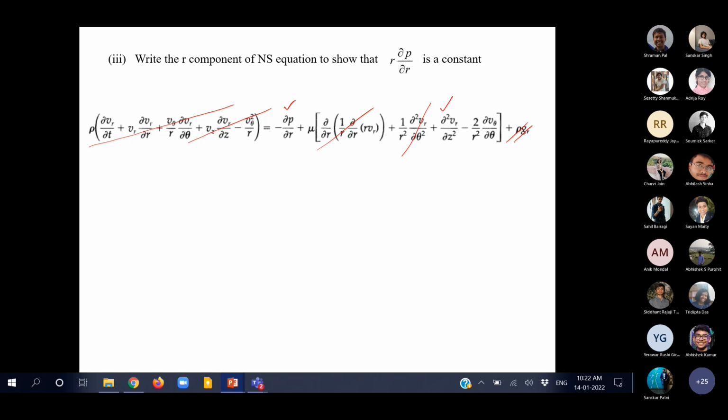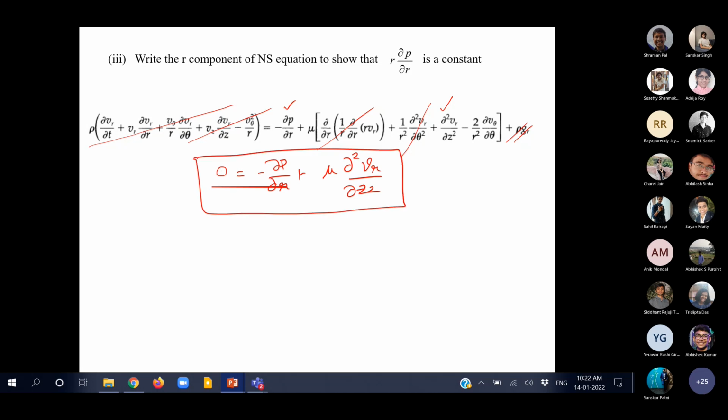So what I have then over here is the entire governing equation is simply going to be del P del R plus mu del square VR by del Z square. So this is going to be the equation that we need to calculate.